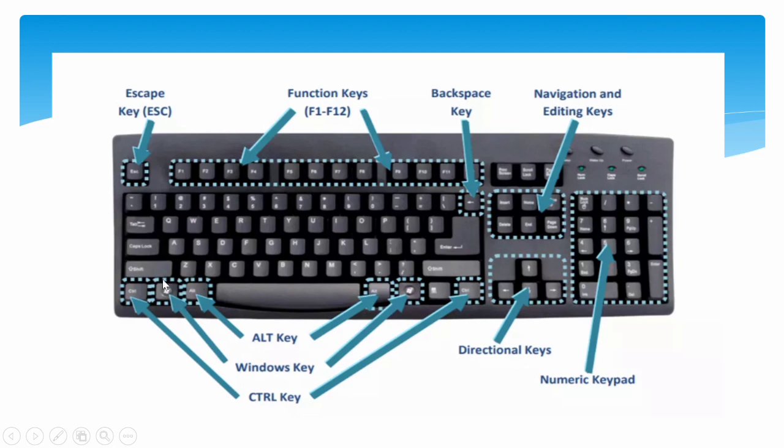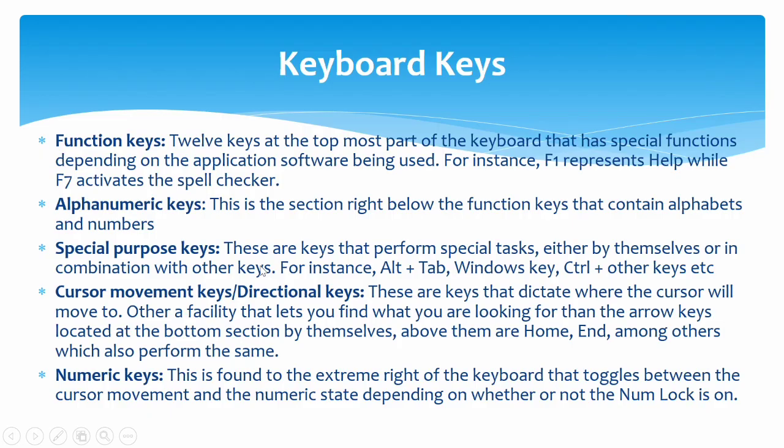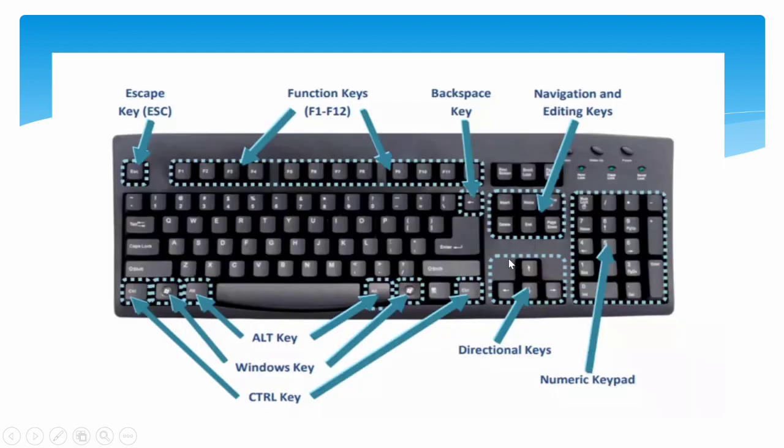They fall under special purpose keys. By themselves, they may have a meaning depending with the app. And when you combine them with other keys, like the control key, you can combine with other keys on the keyboard to do particular special tasks, depending with the app.